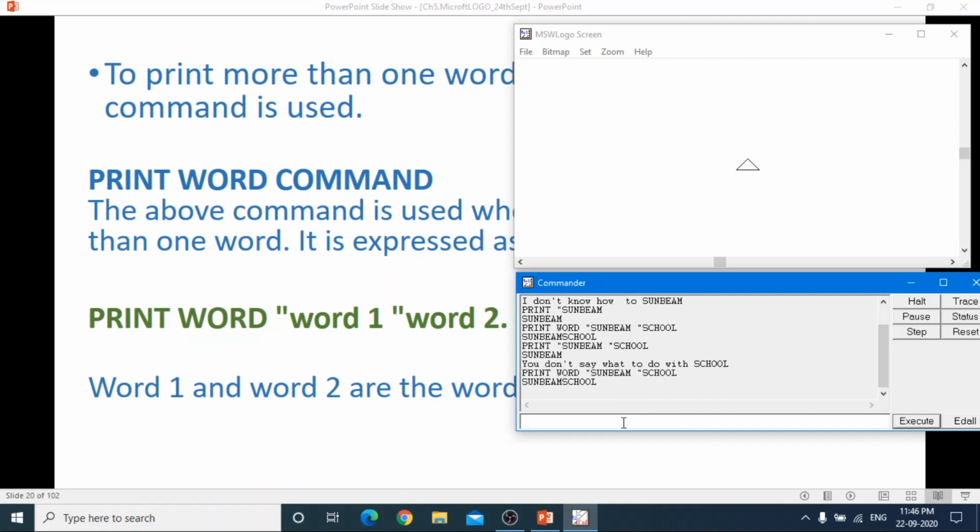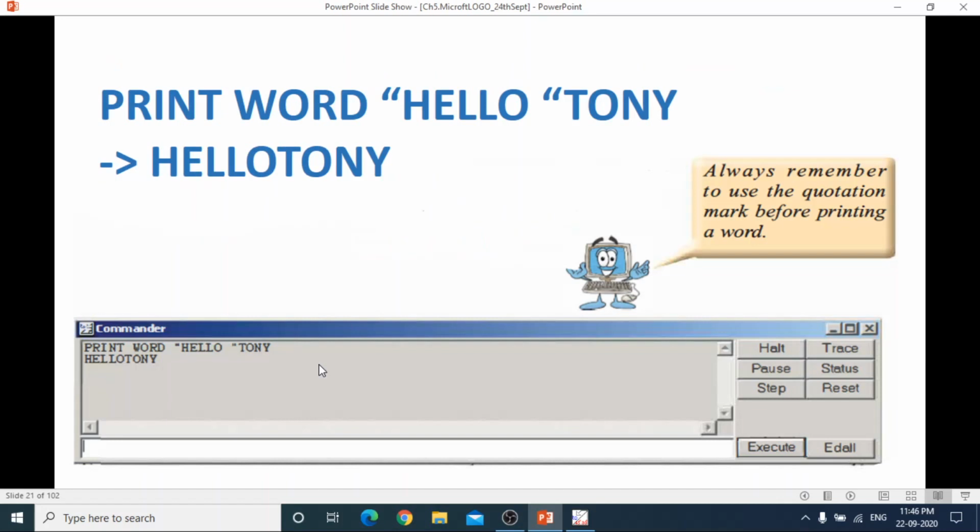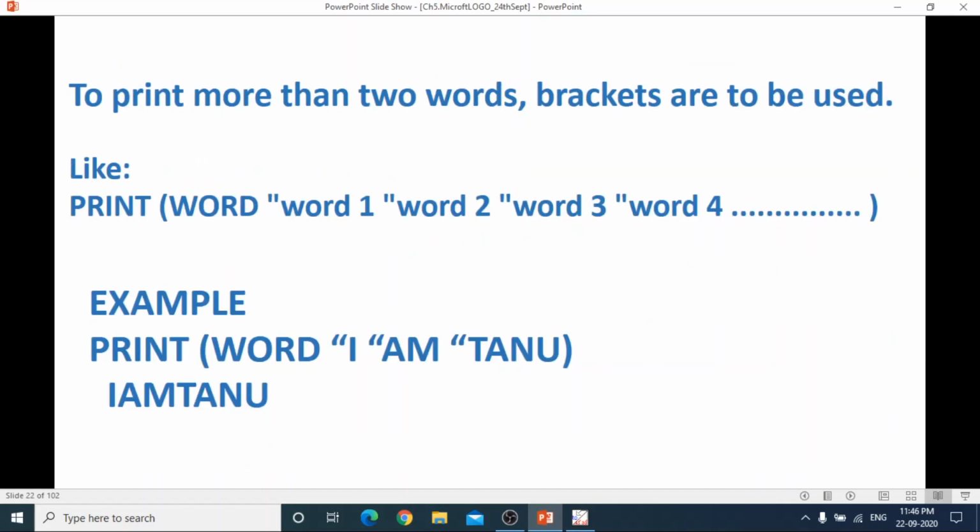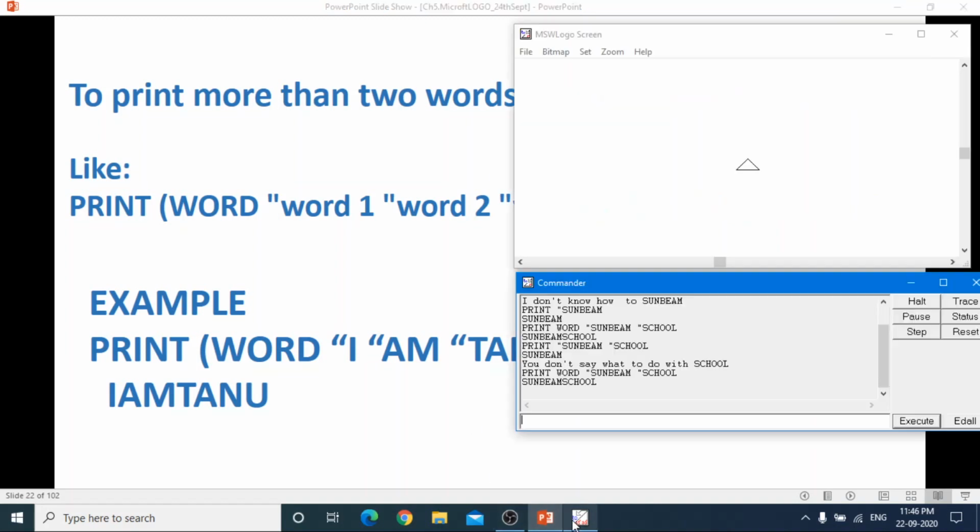One more thing, see. If you want to use more than one word, then you have to put the bracket here. See how? Suppose you want to print more than one word, then you have to put a bracket here, and two words and one more word.